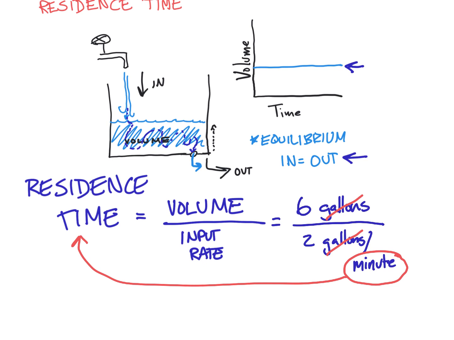So what this is telling us is that the residence time of this sink is 3 minutes. The amount of time that your water particle is spending in there is about 3 minutes.